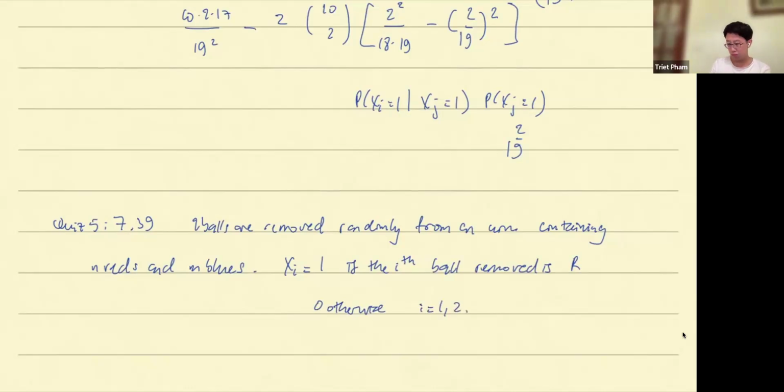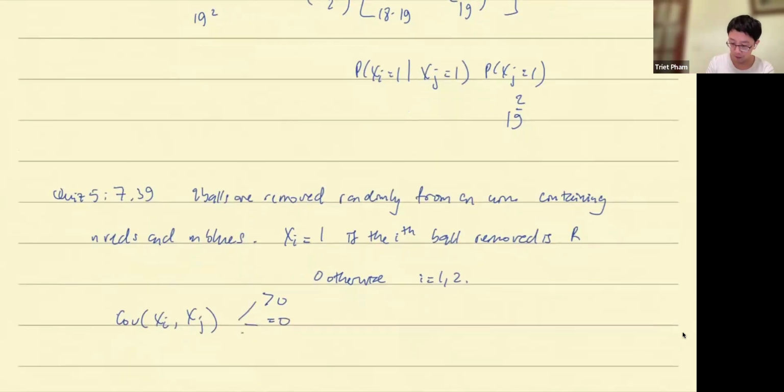And so they ask you to first consider this, covariance of xi, xj. They ask you to first think about whether it's positive, equal to 0, or negative, and then justify your answer. And justify here, of course, is just calculate out, no other way.